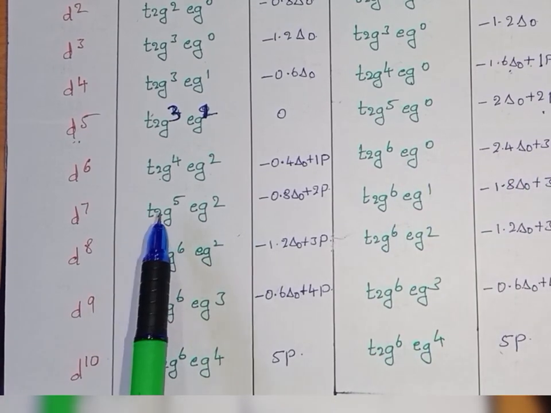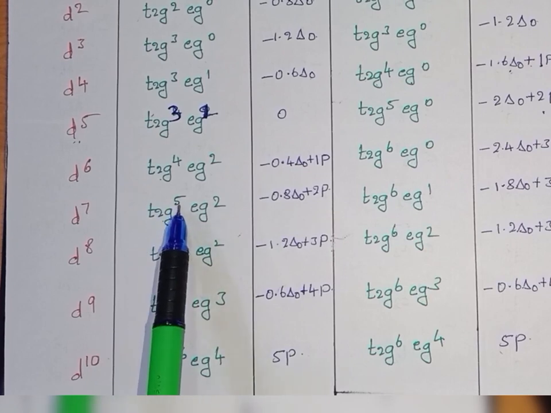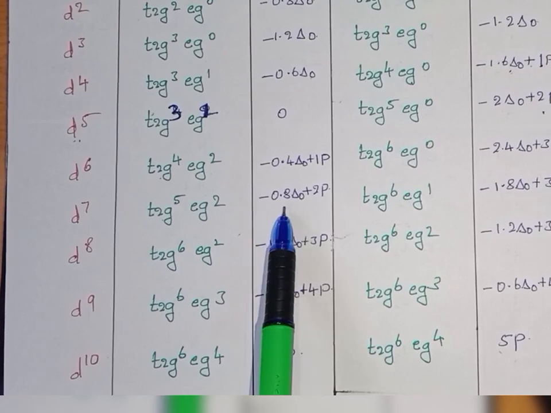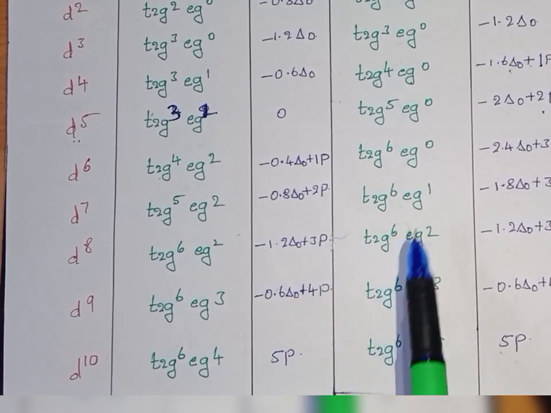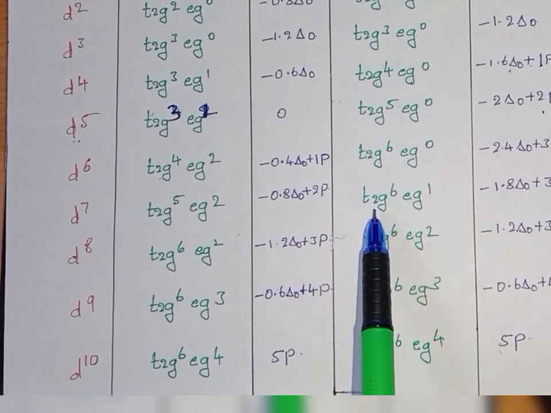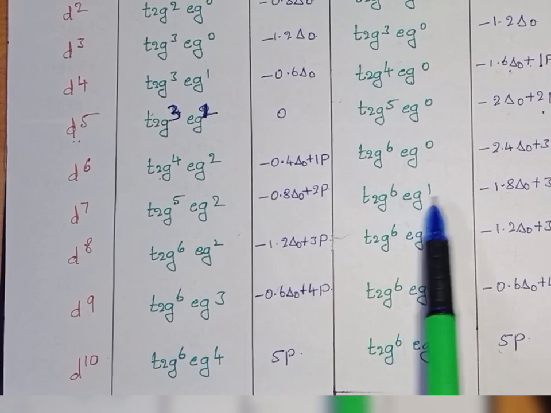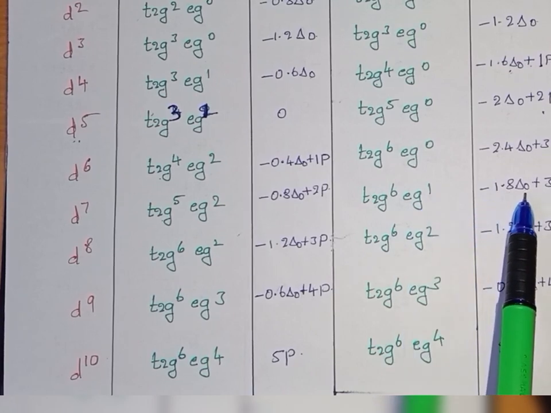For the d7 system, the weak field configuration is t2g5 eg2, and the CFSE is minus 0.8 Δo plus 2 electron pairs. For strong field, t2g6 eg1 is the configuration, and the CFSE is minus 1.8 Δo plus 3 pairs.